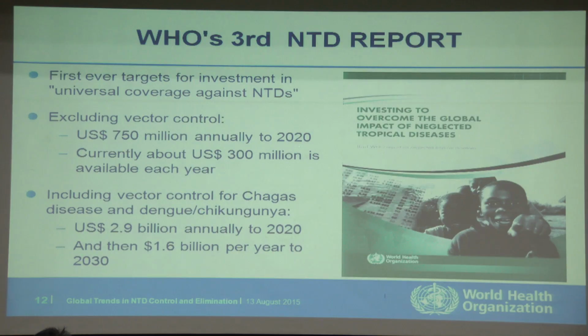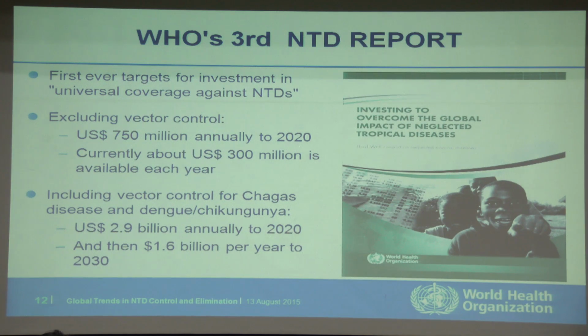So we have those targets, and for the first time now, in February, we launched an NTD report that attempts to quantify what investments are required to achieve those targets. And we are bringing all of the NTDs together within the discussion of the Sustainable Development Goals and universal health coverage. We put all of this together under the heading of universal coverage against neglect, or universal coverage against NTDs.